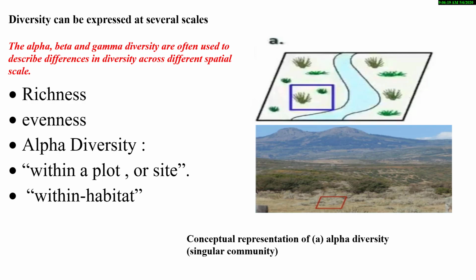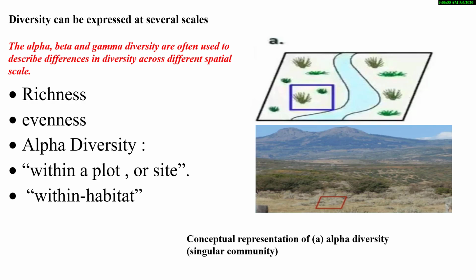When we are measuring diversity at alpha level, what does it mean? Alpha diversity refers to richness and evenness of species within plots or within sites. Alpha diversity reflects both the number of species and their relative abundance, and this can be considered within habitat or within plots.